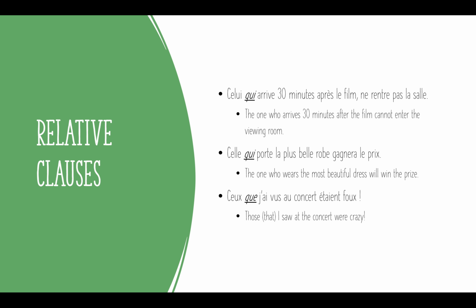So in this case, ceux que j'ai vus, the ones that I saw, you say, I saw those people, right? I saw those people at the concert and they were crazy. So I saw those people is your direct object. And that direct object is now preceding that past participle.